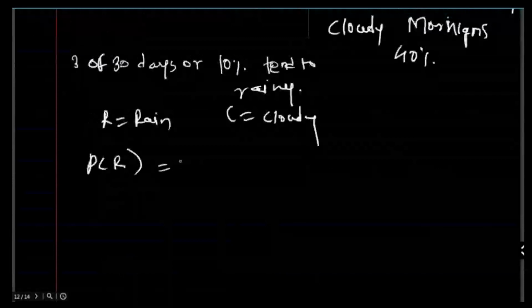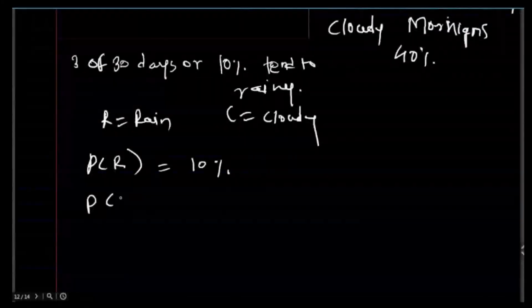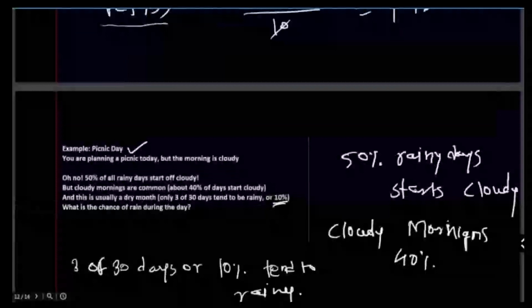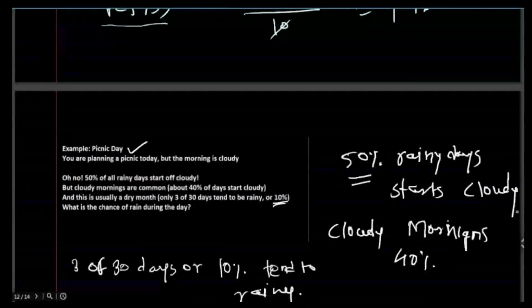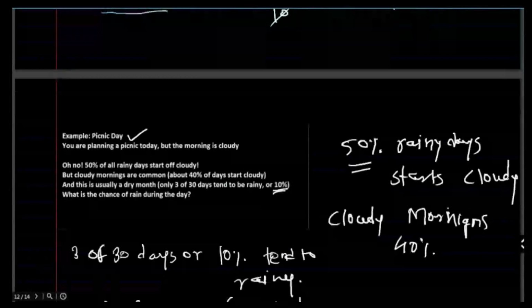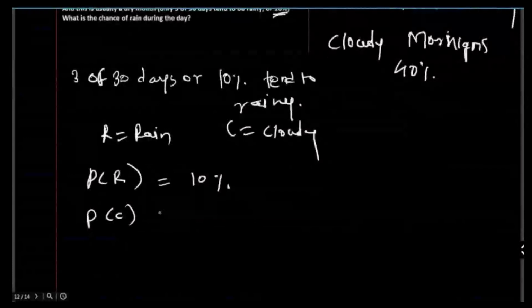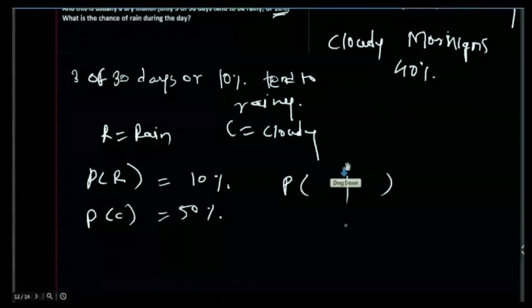Then probability of cloud: it is given that 50% of rainy days start cloudy. That means probability of cloud in a month is 50%? Now one more additional piece of information is given to us.